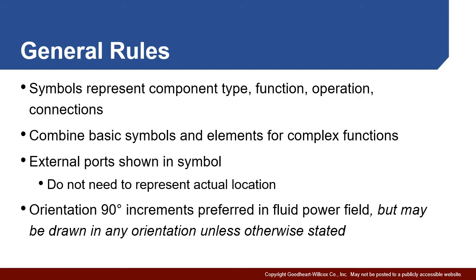So for example, if you have a hydraulic cylinder that is mounted at, say, 30 degrees, you may want to represent that as being mounted at 30 degrees in the actual diagram, because that communicates an important feature of it. Right. So, but it is probably important to note it somewhere that that 30-degree increment is used for a specific reason.